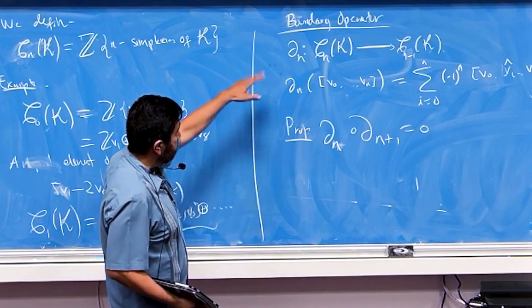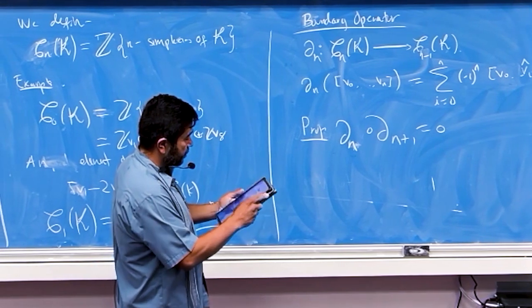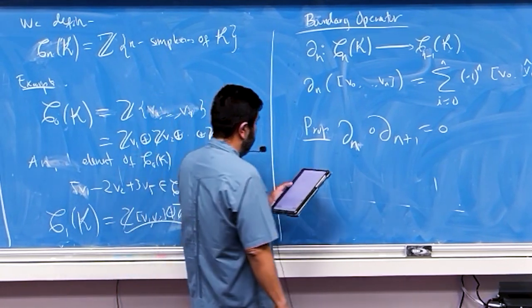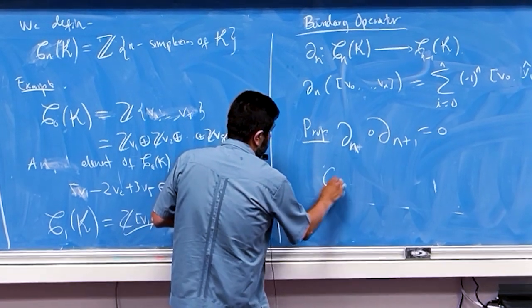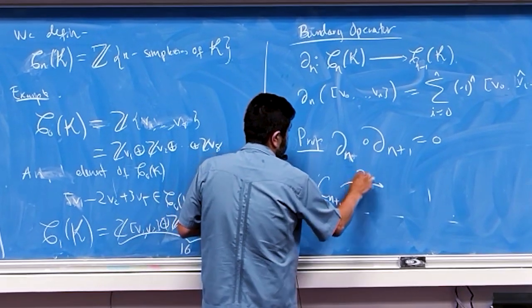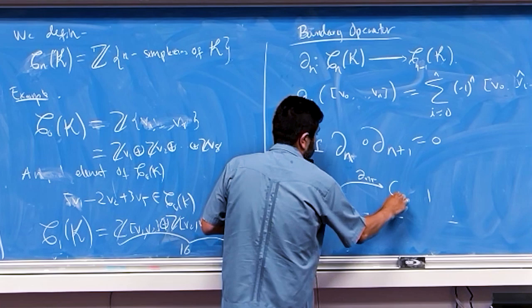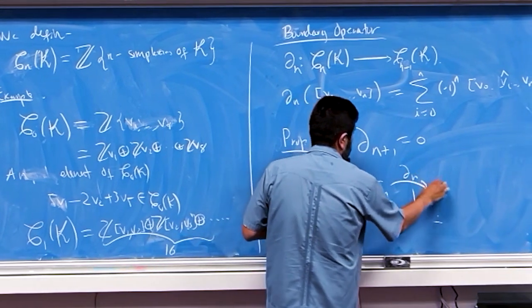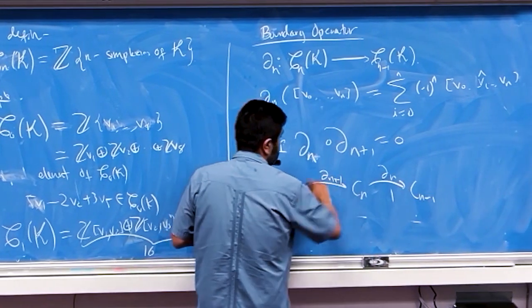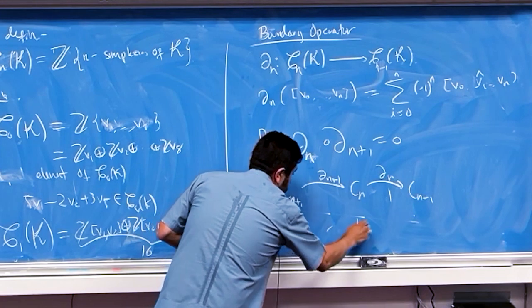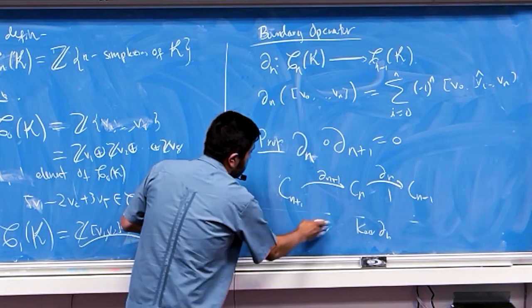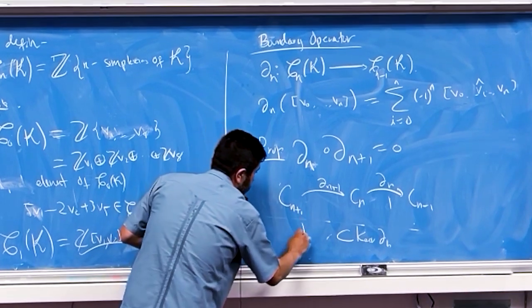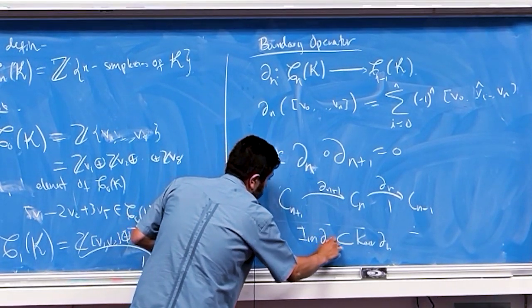This is always true, no matter the dimension. Thanks to this fact, with C n plus 1, then the boundary to C n, then the boundary to C n minus 1, where the composition is 0, the kernel of the boundary on n, which are the elements that go to 0, contains the image of the boundary on n plus 1.